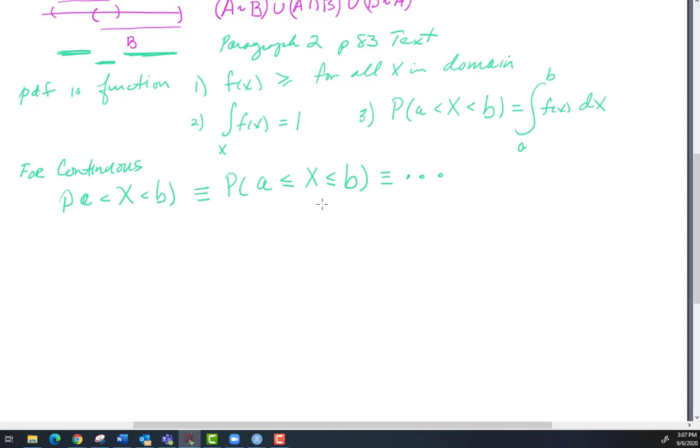They're all exactly the same because the integral would be exactly the same.